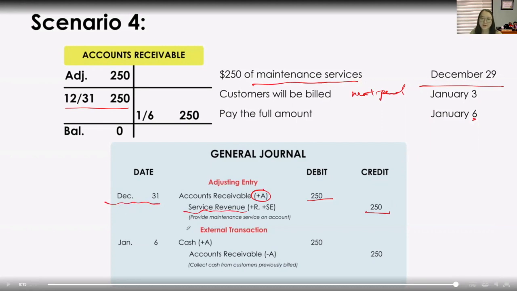In the next period, the external transaction is when the customer pays us on January 6th, so we reduce accounts receivable and increase cash, right? The net impact on the asset accounts of this journal entry is 0, because one asset is decreasing and another asset is increasing.